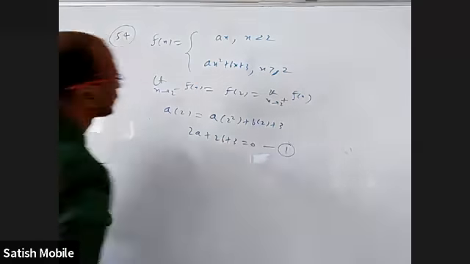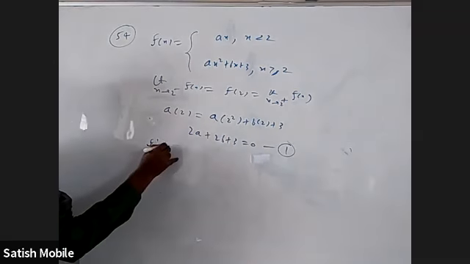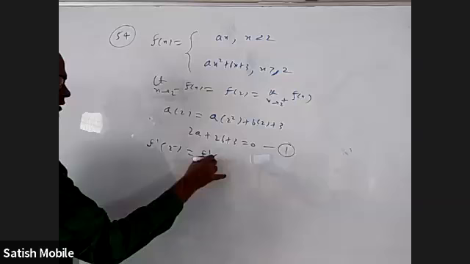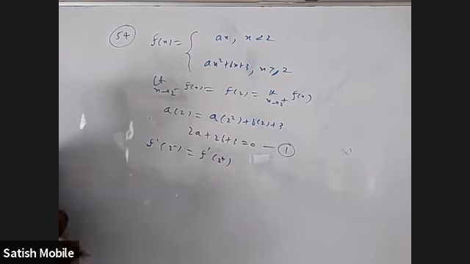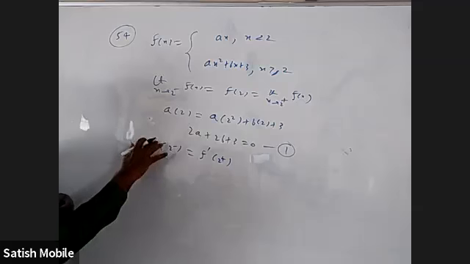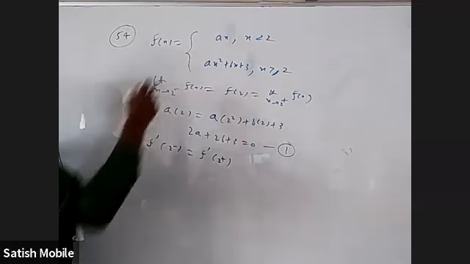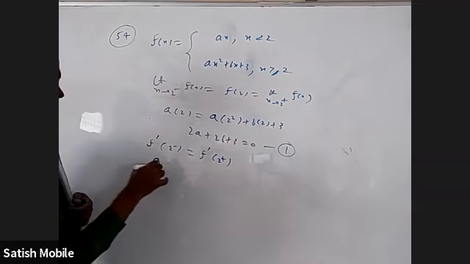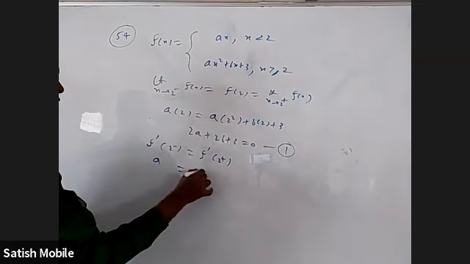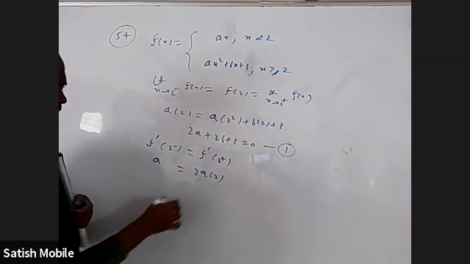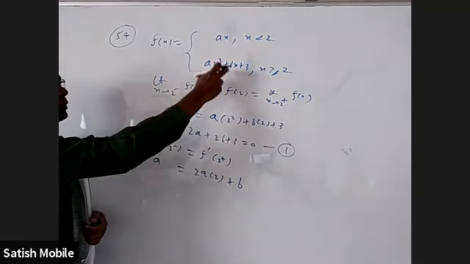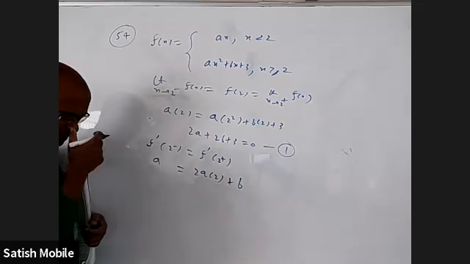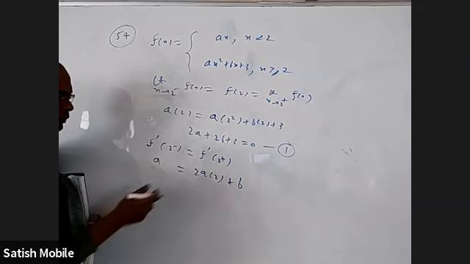This is one equation. Next, f dash 2 minus should be the same as f dash 2 plus. The left hand derivative is a. The right hand derivative is 2ax plus b, since the derivative of ax is a and the derivative of ax square plus bx is 2ax plus b, with x as 2.